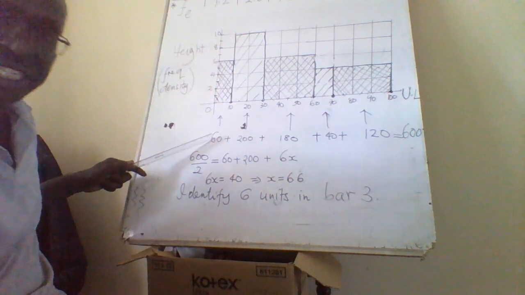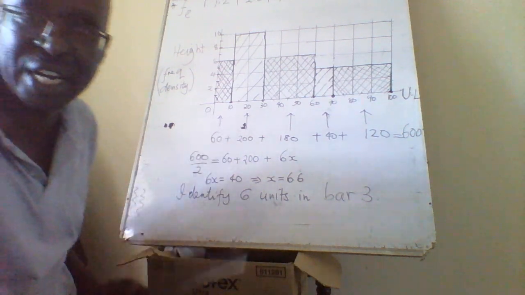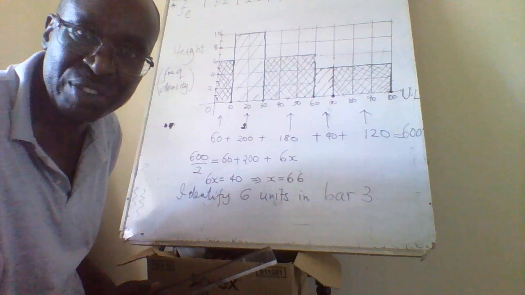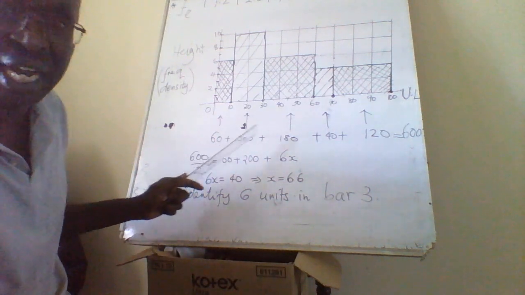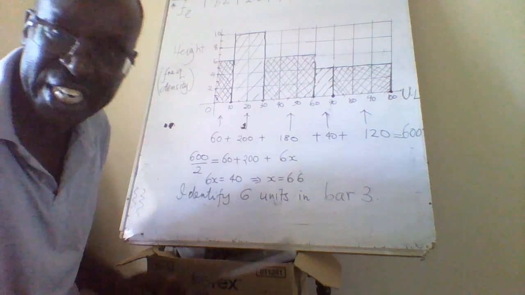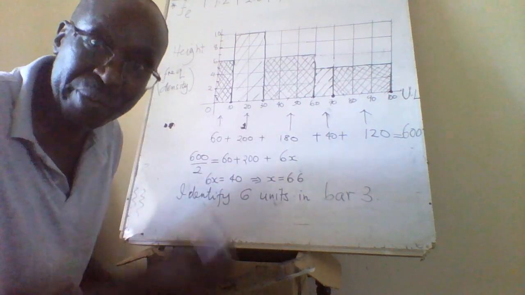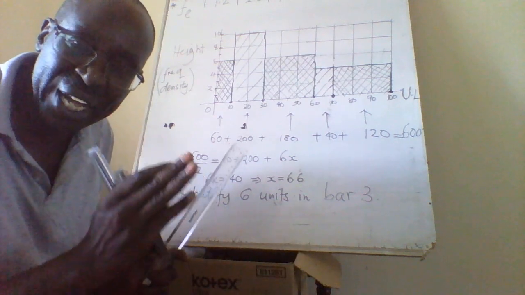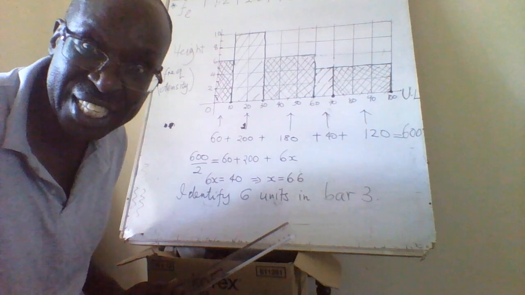The first one is 60. It has to be added to 200. That gives me 260. I cannot add it now to 180 because it will overflow. Remember, I want to show where the area equivalent to 300 lies.